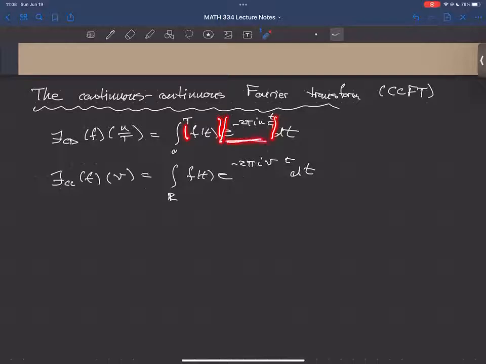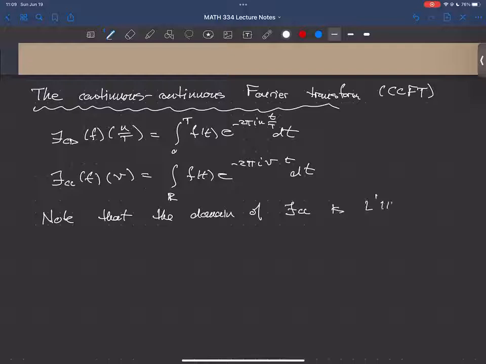And because this has magnitude 1, that amounted to this being in L1 over a period, and the same argument holds here. And so the domain is just L1 on R. Okay. So note that the domain of the CCFT is L1.